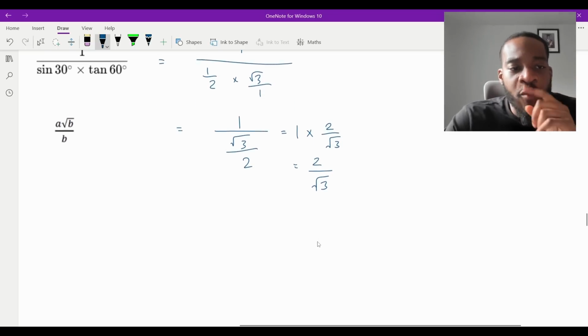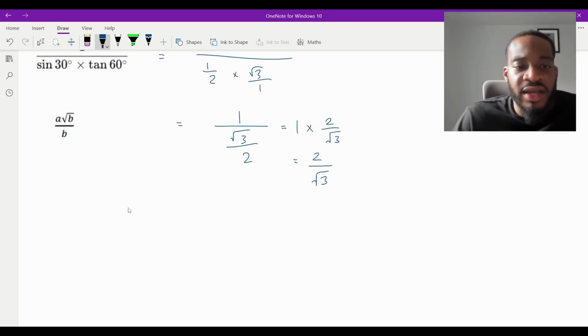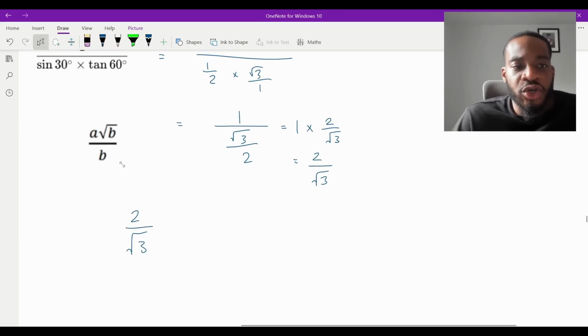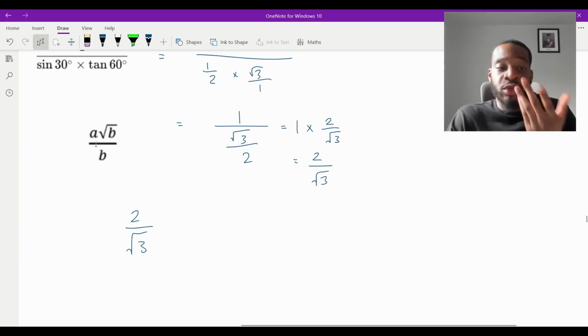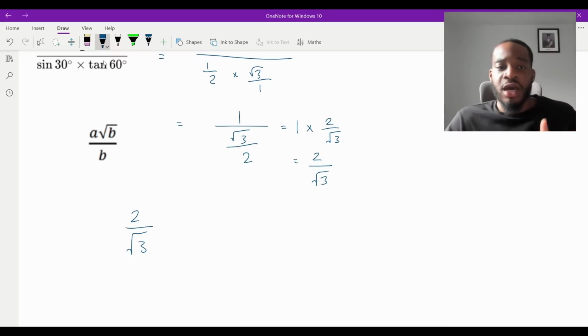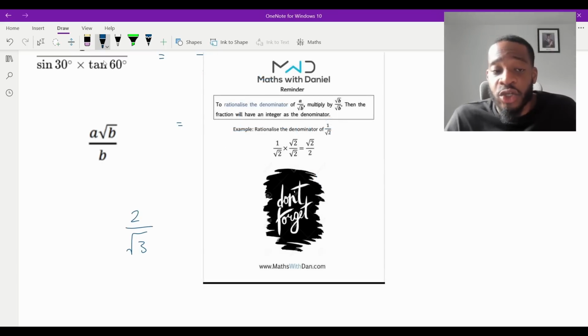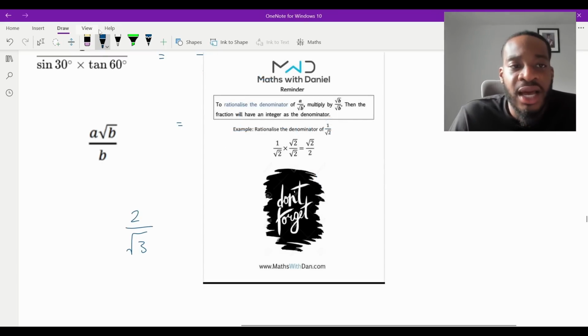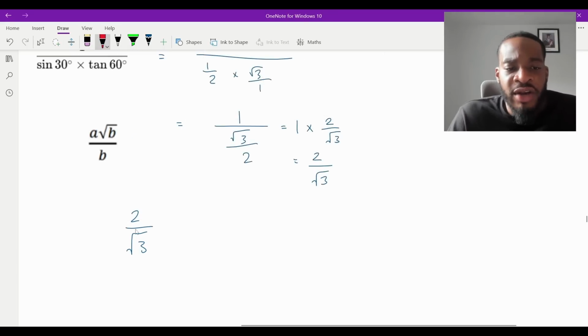Now we want it in that form of a root b over b. So let me write this here again. 2 over root 3. And we want it in this form of a root b over b. Well, if I look at the show that, the b has no surd on it, there's no root on it. So how does that happen? How do we go from a surd on the denominator to a non-surd? And that is just by rationalizing, isn't it? So you need to be able to read in between the lines with these types of questions as well. How do I rationalize something like this?